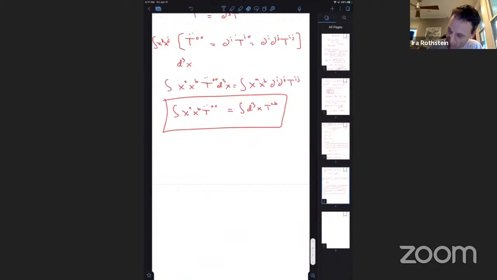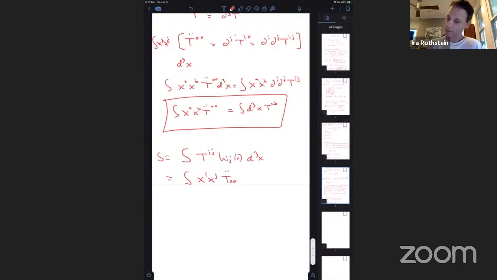the leading order piece in the multipole expansion is going to be T^{ij} h_{ij}^0 d^3x. But this we can write as x^i x^j T^{00} double dot h_{ij}.